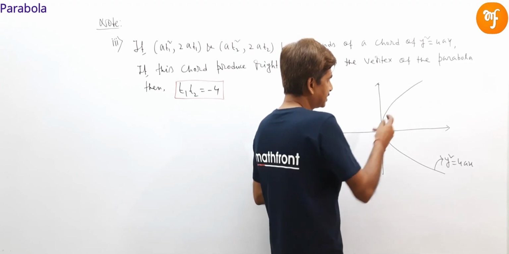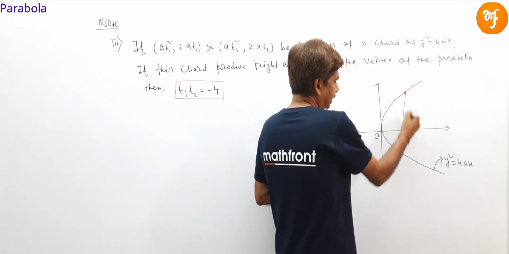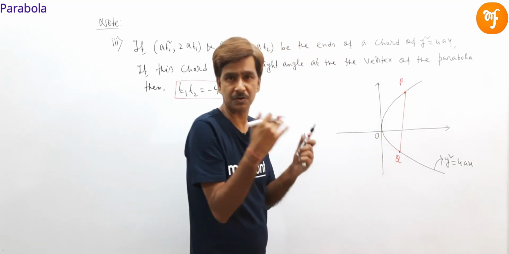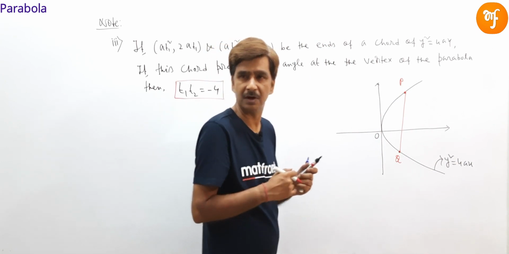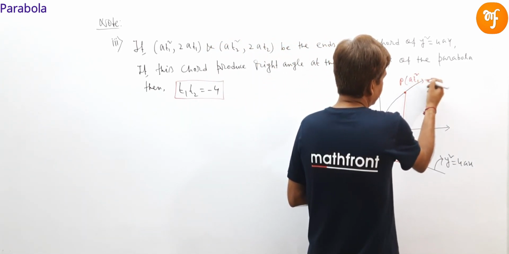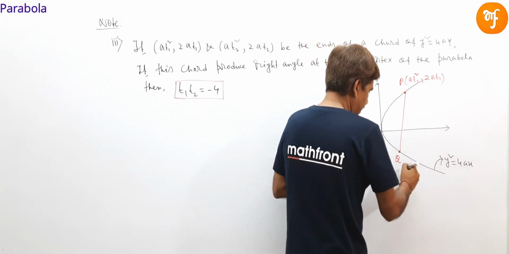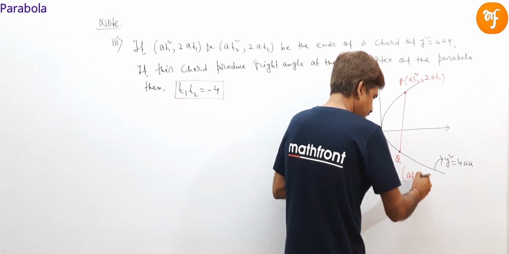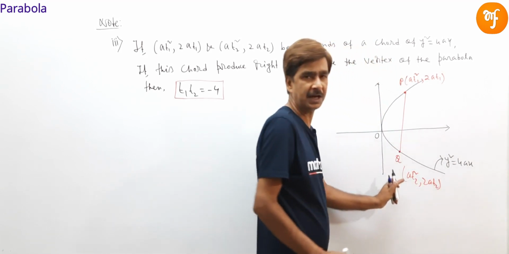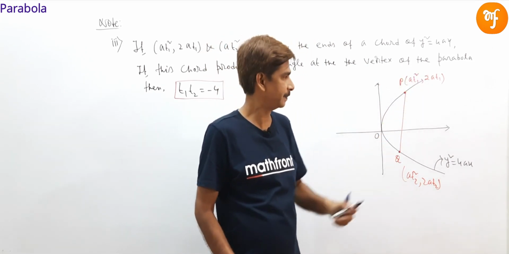Now if this is a chord PQ, the ends of this chord are (at1², 2at1) and (at2², 2at2). So the coordinate of the point P is (at1², 2at1) and the coordinate of the point Q is (at2², 2at2).